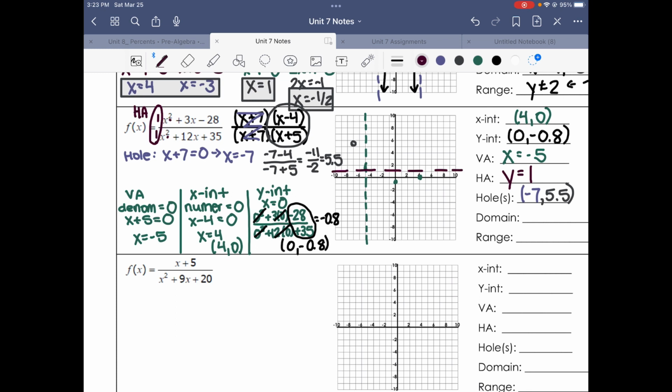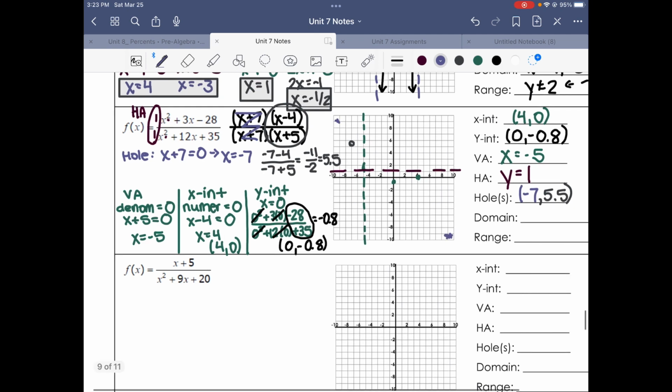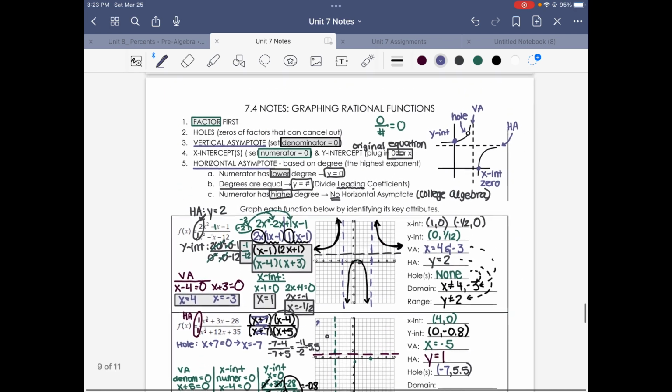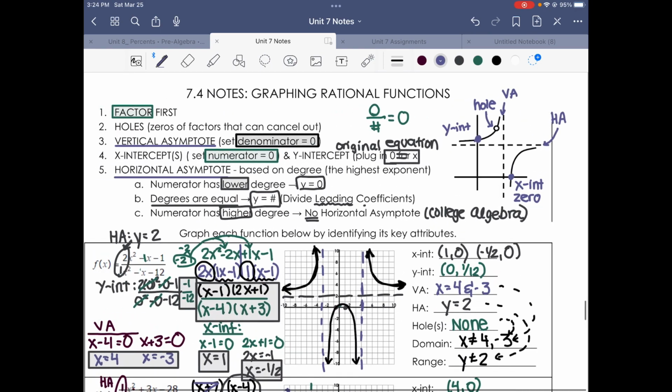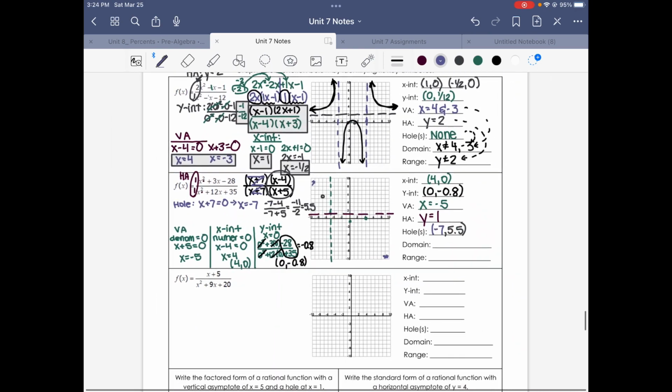And I have a point in this corner and this corner, which means that those are going to be the two corners I use, kind of like the example on the top right. How the curves were in opposite corners.